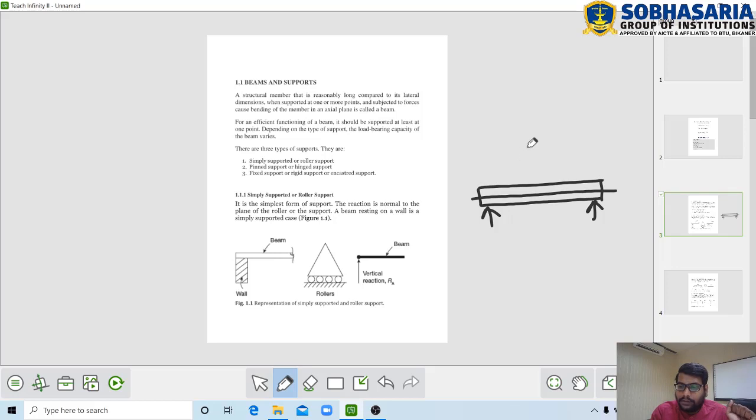When the forces act perpendicular to the longitudinal axis, it means you will see it is perpendicular. When you view the beam from the top face, from above, you will see a top area like this of the beam.